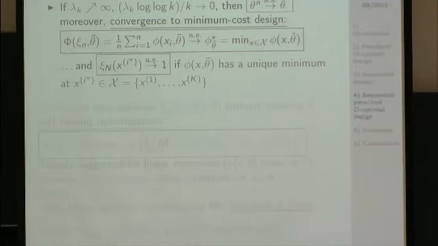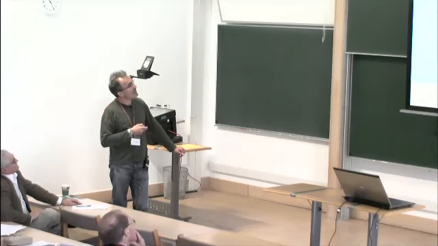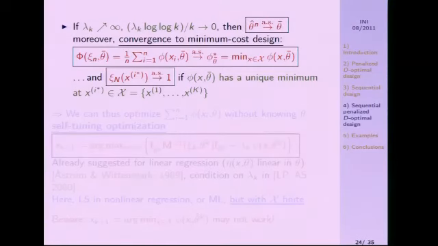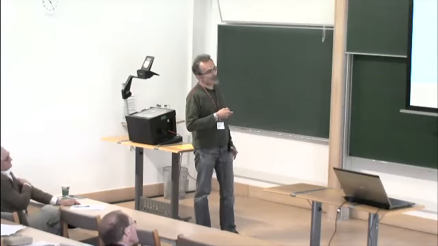Even more interestingly, you can let lambda tend to infinity. If lambda increases to infinity but not too fast, then we still have the strong consistency of the estimator, and moreover, the average cost will tend to the minimum cost. Which means that the total weight we are giving to the point where the cost is minimum, if there is a unique minimum, tends to 1.